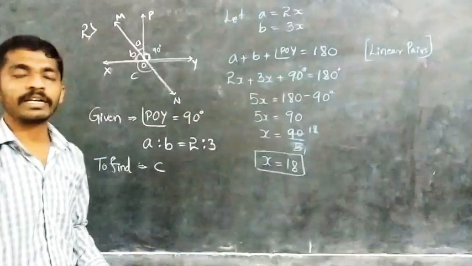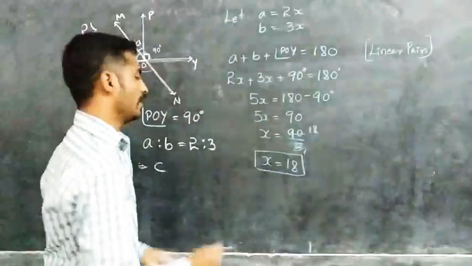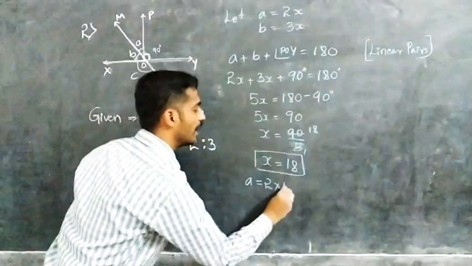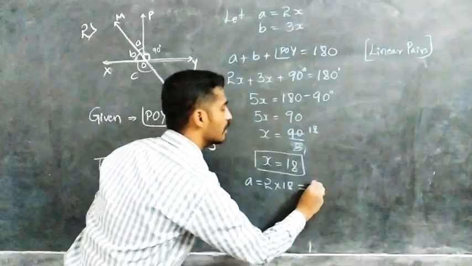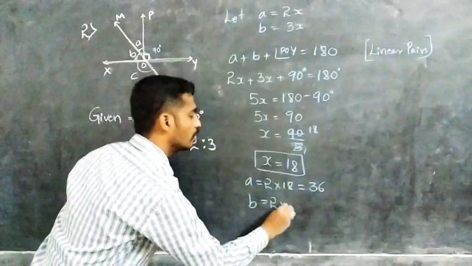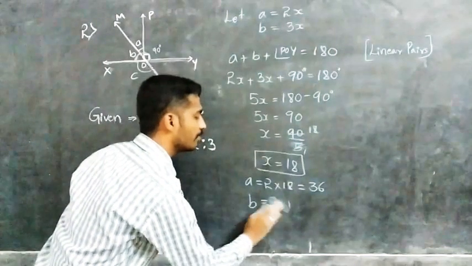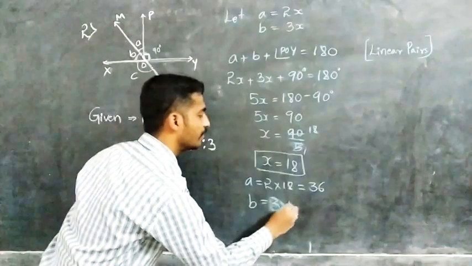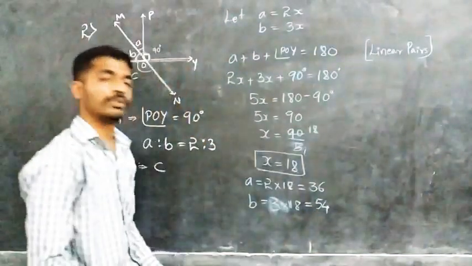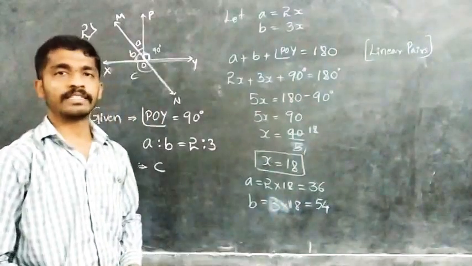So now we got x equal to 18, then A equal to 2 into 18, so that is 36, and B equal to 3 into 18, that is 54. Okay, so B is 54, A is 36.